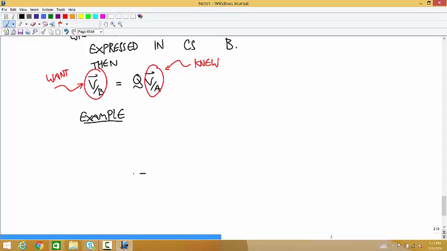So let's say that we have a vector with a magnitude of 10 that makes an angle of 30 degrees with the horizontal. And in a coordinate system like this, that vector is equal to 10 times cosine of 30, 10 times sine of 30, so that's 8.66, 5.0.